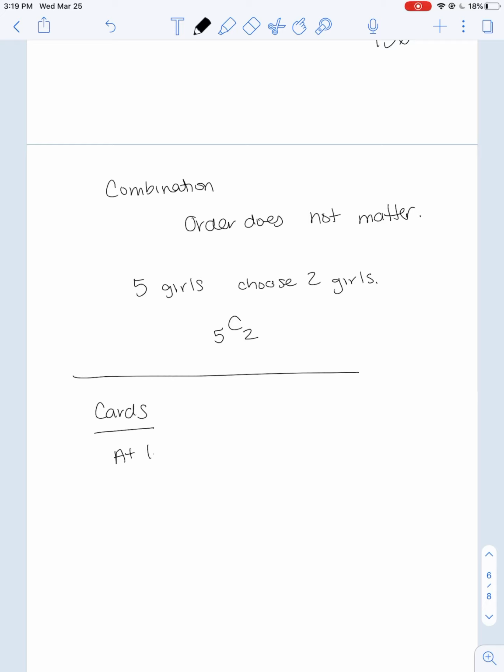Whenever I work with cards, remember you're going to have to do cases whenever you see the words at least or at most. So this means there's cases. And then you're always going to make sure that your r's add to how many cards you have.